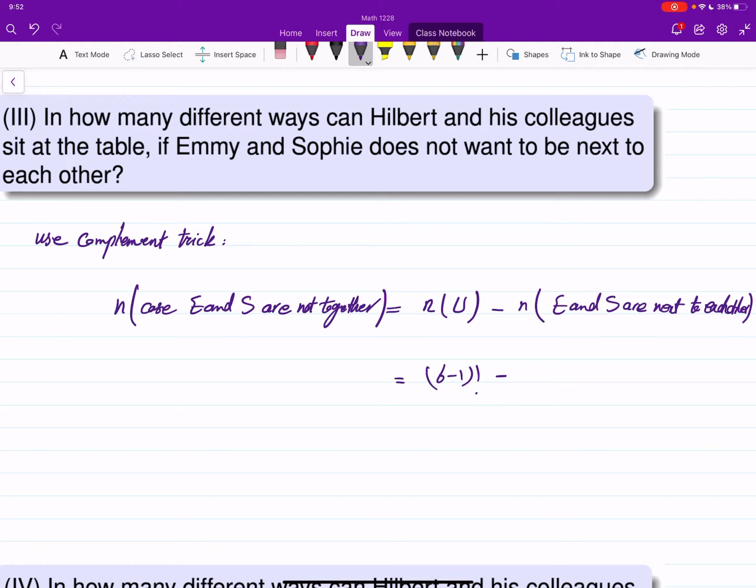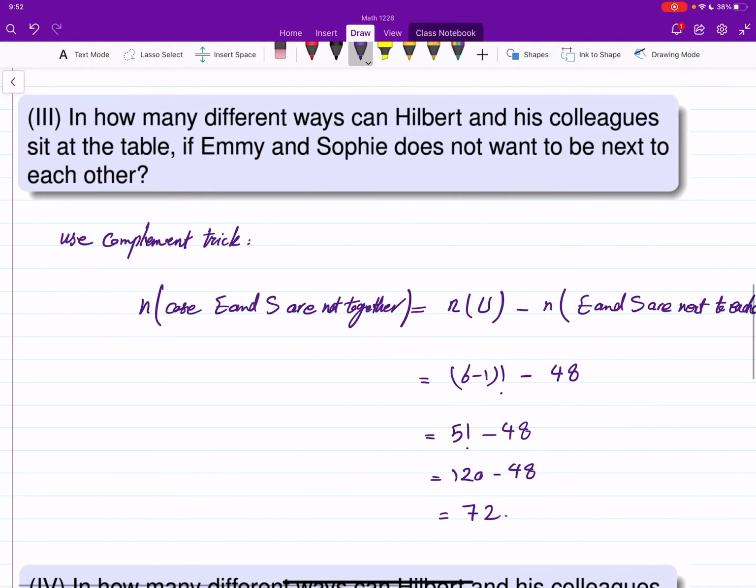We found that it's going to be 48. So this is 5 factorial minus 48. 5 factorial is 120, minus 48, that will give me 72. So there are 72 cases in which Emmy and Sophie won't be next to each other.